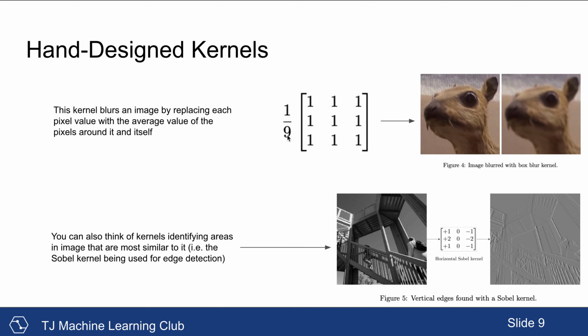So what this is doing basically is, for each pixel in the image, it's taking that pixel's value as well as all the 8 surrounding pixels, and then taking the average of all those values, and then replacing the original pixel value with the average of all of the surrounding values.